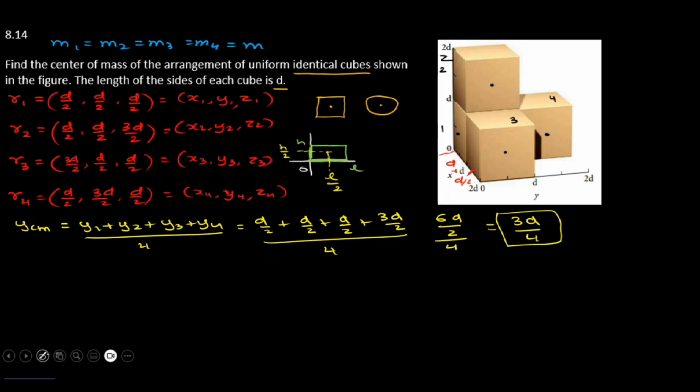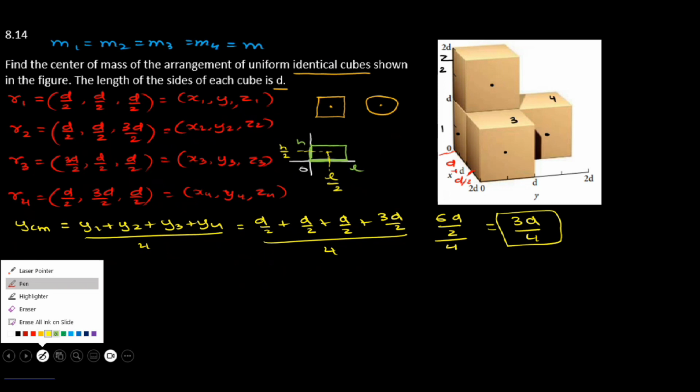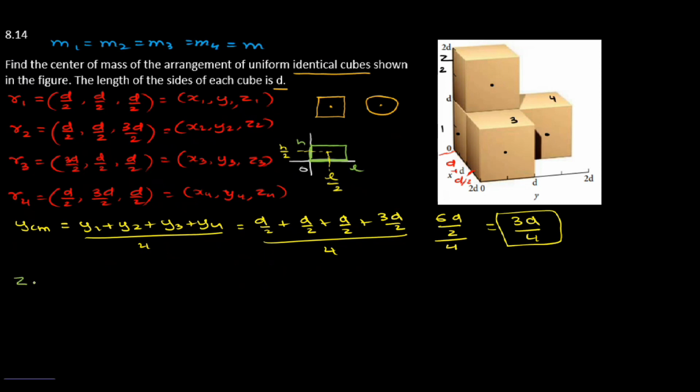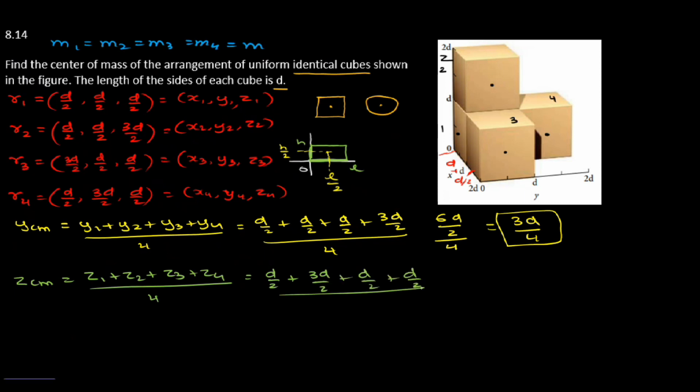And then we find the z coordinate. The z coordinate, again the same thing. I'm just going to use the simplified rule. z1 plus z2 plus z3 plus z4 divided by 4. So d by 2 plus 3d by 2 plus d by 2 plus d by 2 divided by 4. Now if you notice, these two expressions are the same.